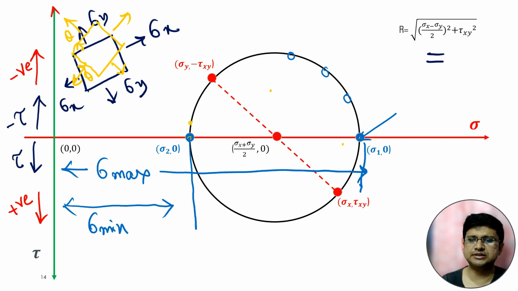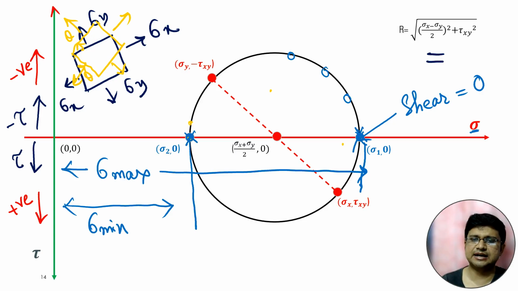Because these 2 points are over the sigma axis, there is no value of tau for them. So again we can say that for major and minor principal stress, the value of tau will be 0. These 2 points are the points of major and minor principal stress, and shear stress is 0 for them.